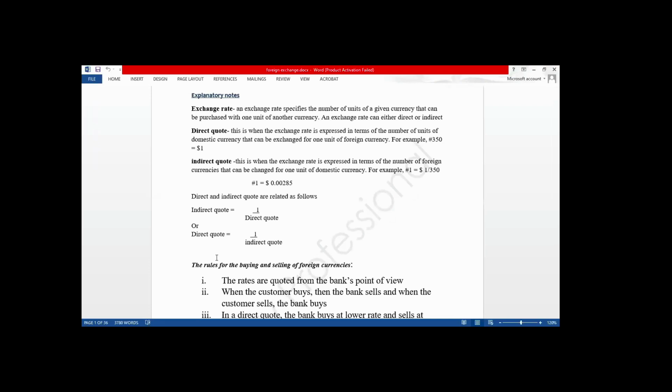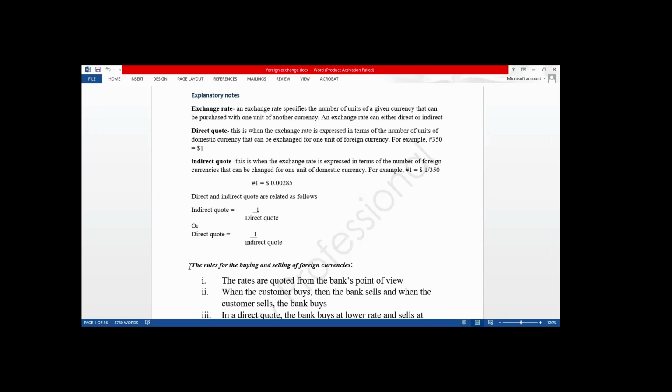Next discussion. The rules for the buying and selling of foreign currencies. What are these rules? One, exchange rates are quoted from the viewpoint of the bank.